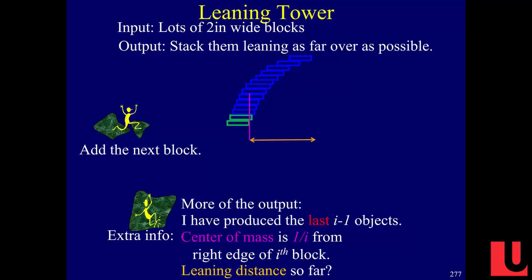That shift is 1 over I, and our first shift is going to be 1, because the block is of size 2, 1 over 1. Everybody get that? So this shift is 1, this shift is a half, this shift is a third, this shift is a fourth.